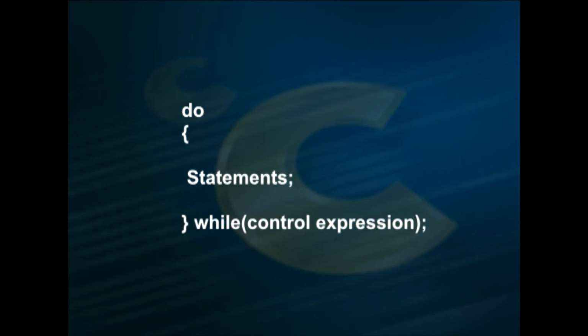Second type is do while. Do while statement is of the form do within curly braces statements, then while (control expression). Here the control expression is evaluated at the end of the loop instead of the beginning and consequently the statements inside the braces must execute at least once.